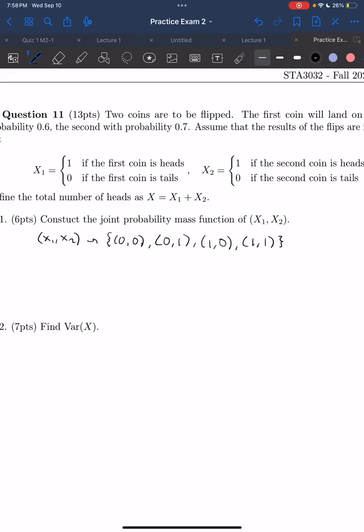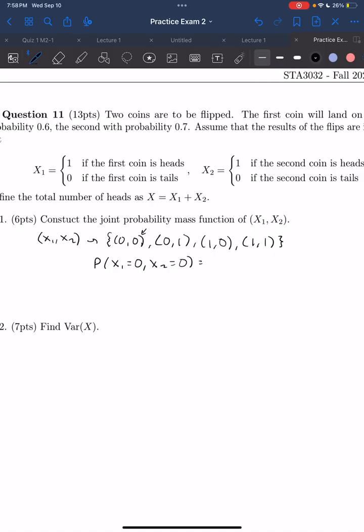Okay, so now we can find the probability for each of these, the joint probabilities. So we have the probability of x1 equals 0 and x2 equals 0. So that's our first one here.